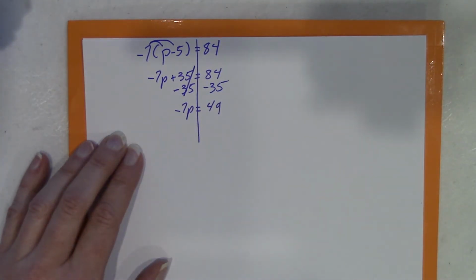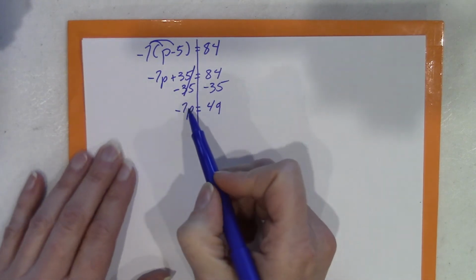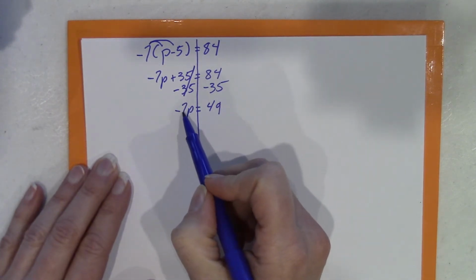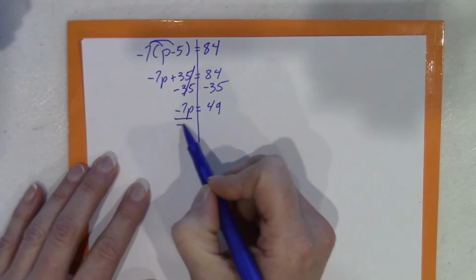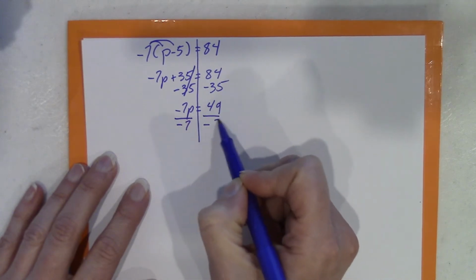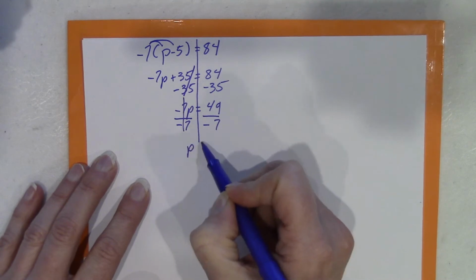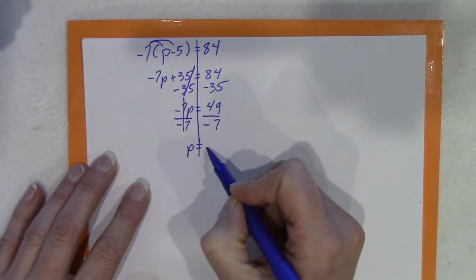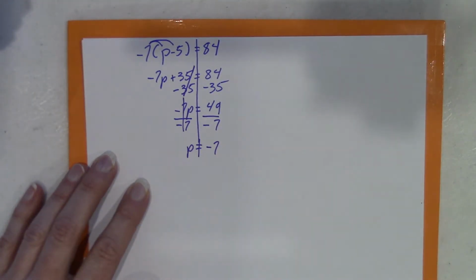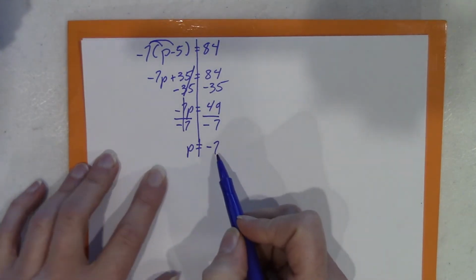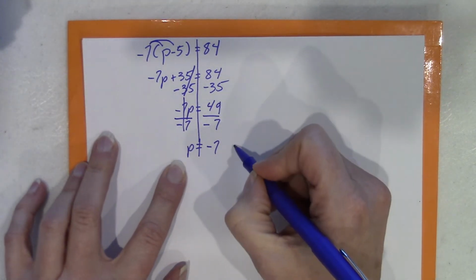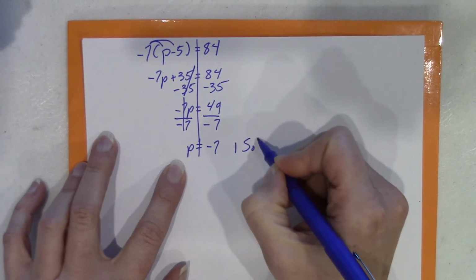All right, I need to isolate the p's, so I'm going to do the inverse operation of multiplying by -7. I'm going to divide each side by -7. Don't forget that negative sign, and you'll be left with p equals -7. All right, so I have a variable equals a number, which means I have one solution.